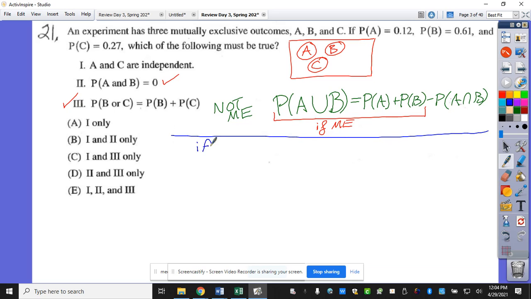So if A and C are independent, how do I check to see if they are? A and C over B and C. What you're saying is right, but I don't want to get into that context.